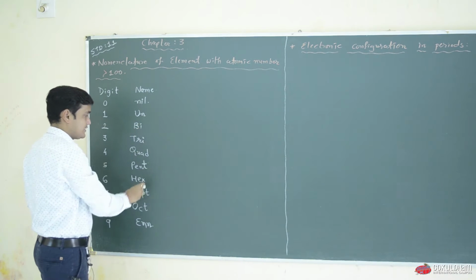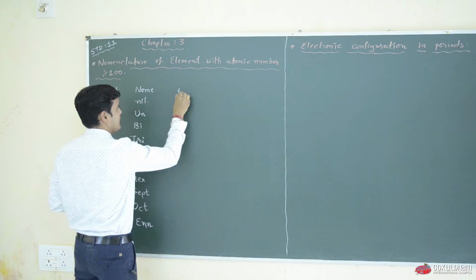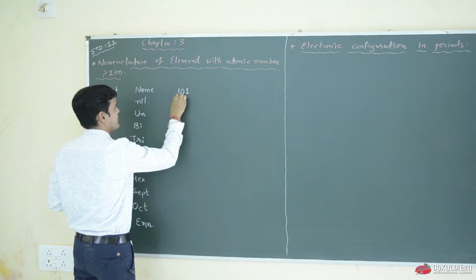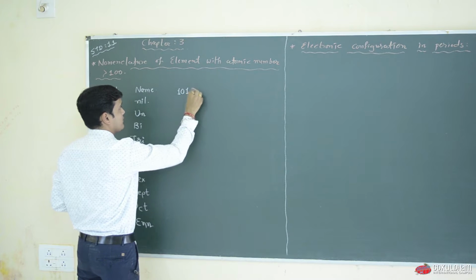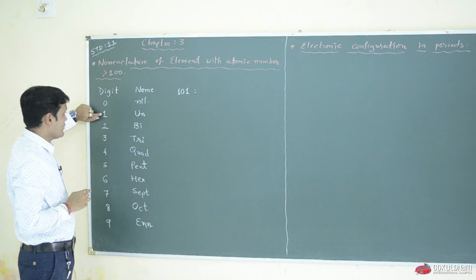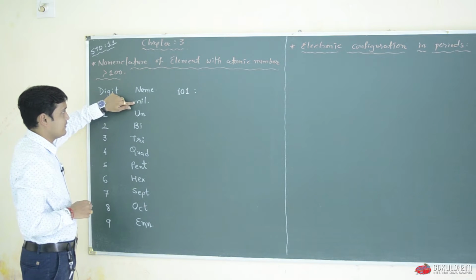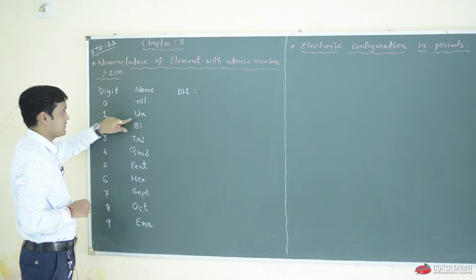How can you use this name? Suppose we are going to make the IUPAC nomenclature of element number 101. So 1 means un, 0 means nil, then again 1 means un.